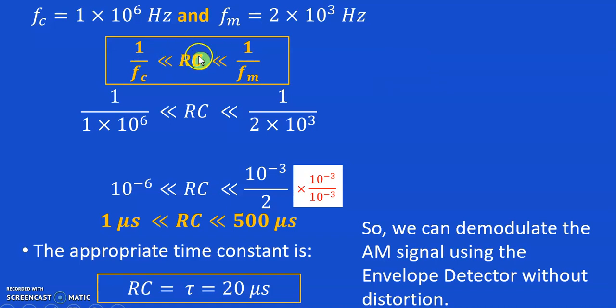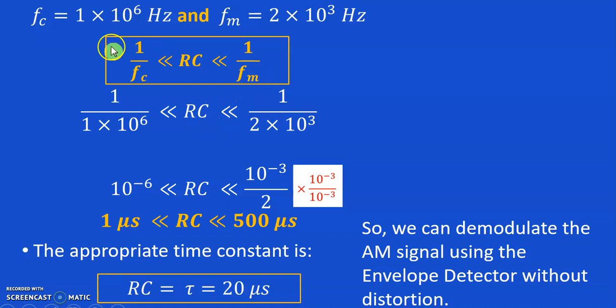That means the time constant RC should be much greater than 1 over fc, where fc is the carrier frequency, and should be much less than the reciprocal of the message or modulating or baseband signal frequency, fm.